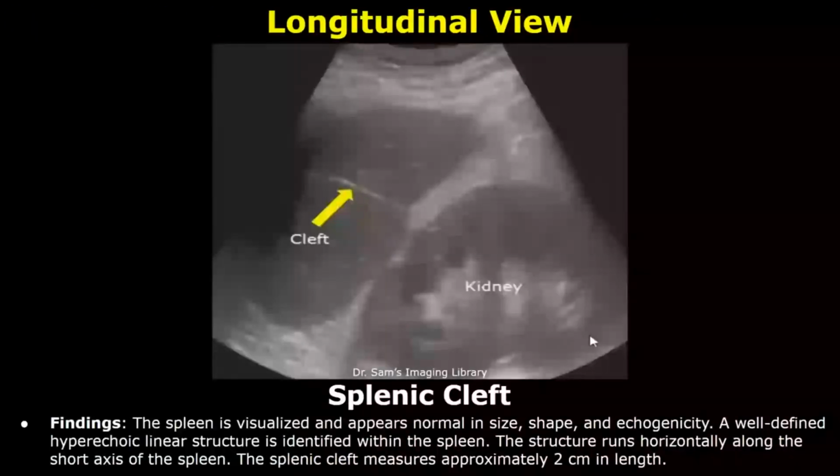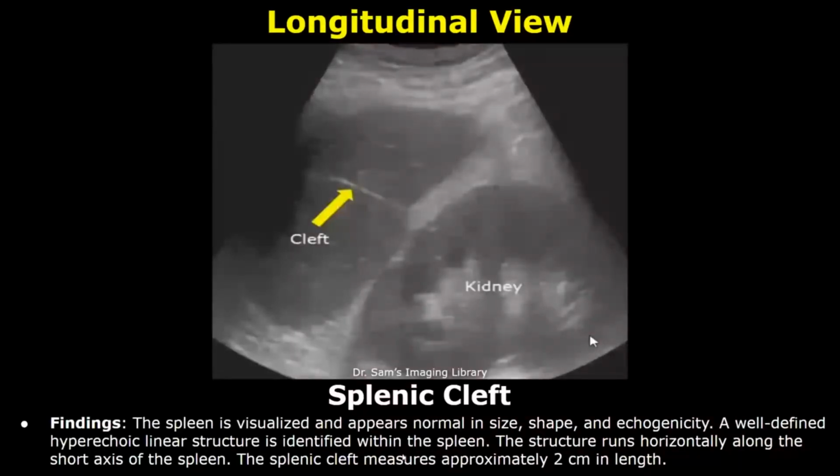In the case of splenic cleft, the spleen is usually normal in size and shape. A well-defined hyperechoic linear structure is identified within the spleen.